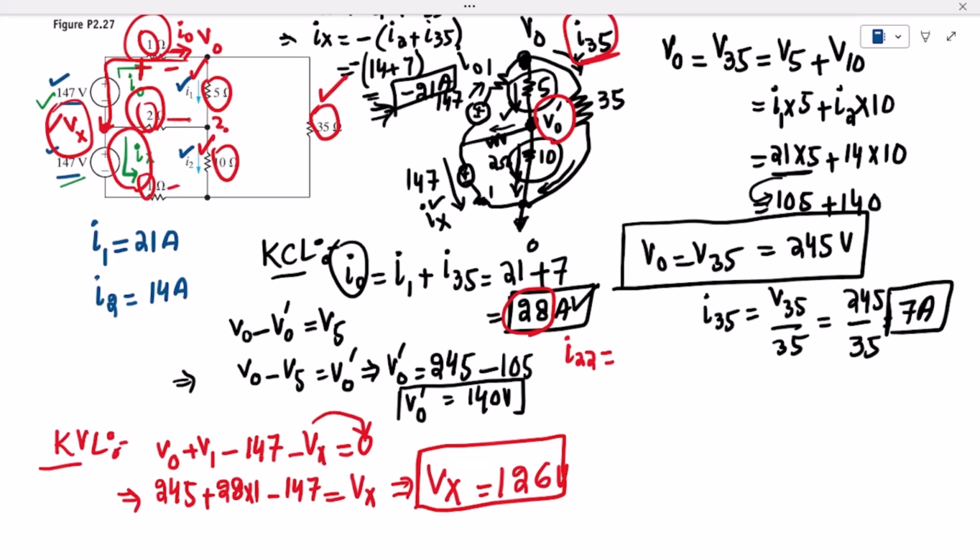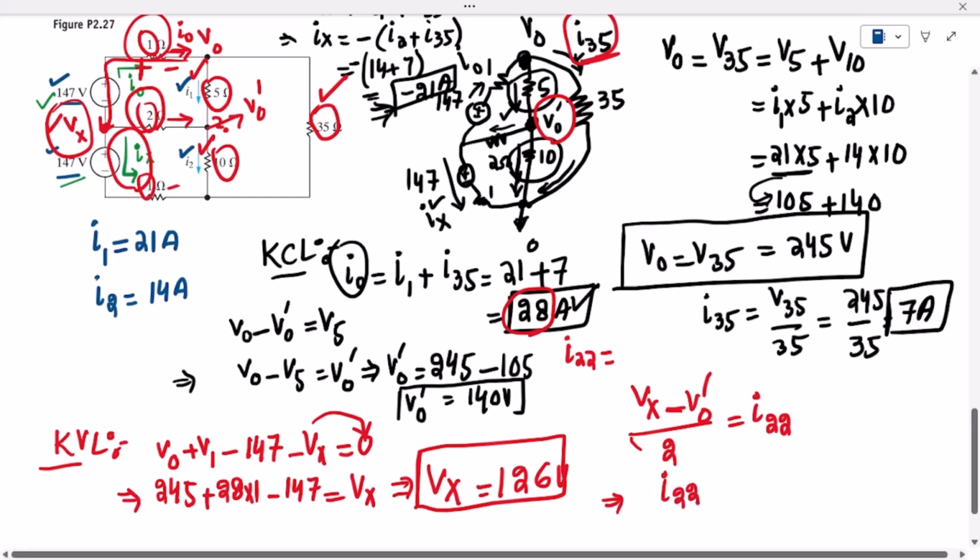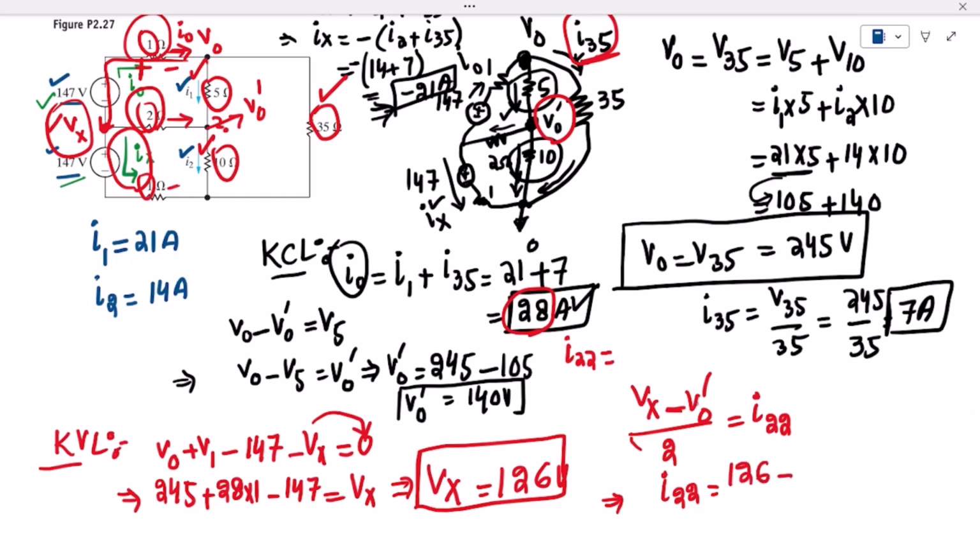Now in order to find the current here, it will be Vx minus V0 prime, which is the potential difference, divided by the resistance, which is 2. That is the current flowing through this, which I call I22. Vx is 126 minus the value of V0 prime, that is 140, divided by 2.